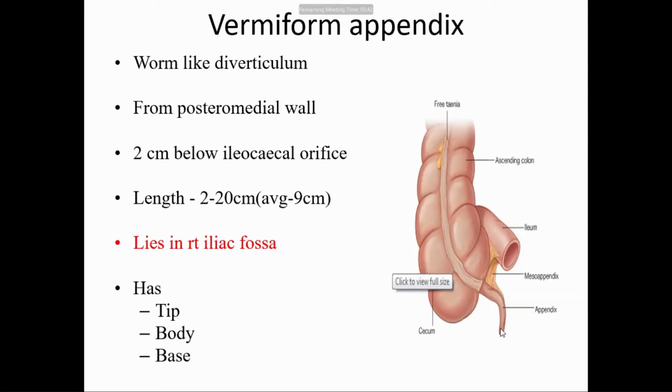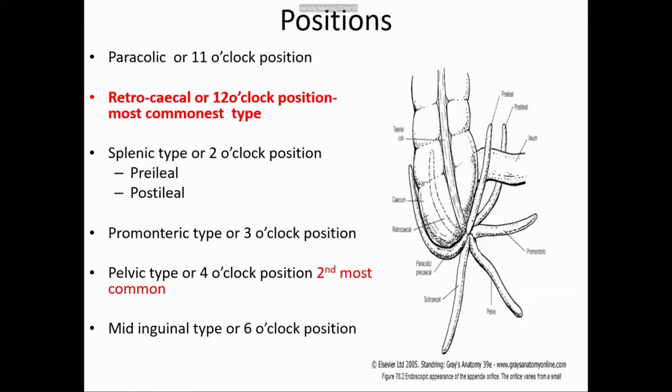According to the direction of the tip of the appendix, wherever the tip is directed, it is named accordingly. One is when the tip ascends by the side of the cecum, then it is named the paracolic or 11 o'clock position.